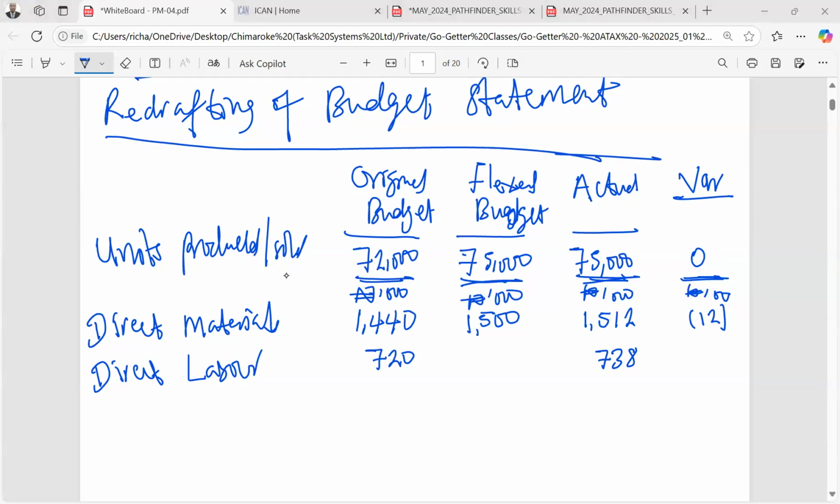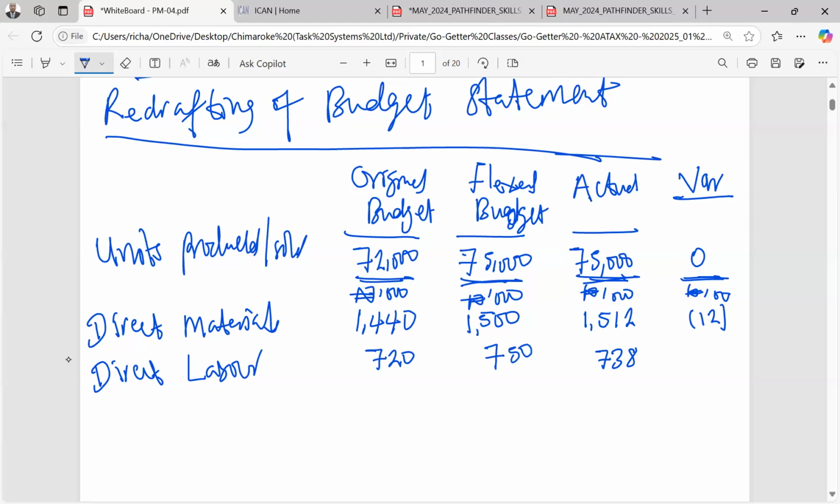720 was done with 72,000. So I can divide by 72,000. I will get that for 1. Multiplied by 75,000, I will get the value for 75,000. So that will be 750. Write it down here, 750.